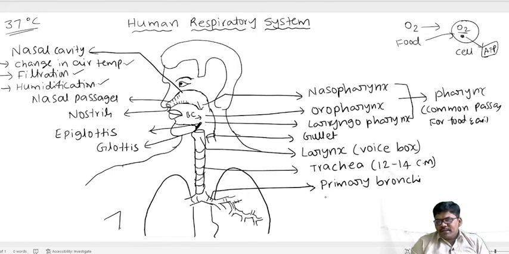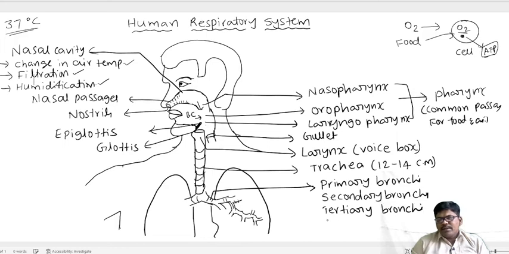Primary bronchi here bifurcate into the secondary bronchi. Secondary bronchi bifurcate into the tertiary bronchi.